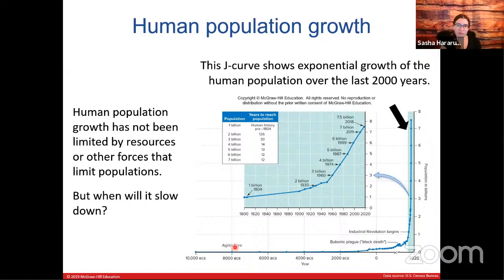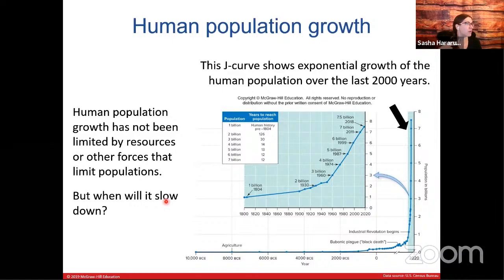Agriculture was there since 8,000 BC, but the population size didn't shoot up after agriculture. Now, the industrial revolution affected the population growth, because during the industrial revolution, people started manufacturing more things and living in cities, and life became more comfortable, basically. And shortly after the industrial revolution, we had major advances in modern medicine.